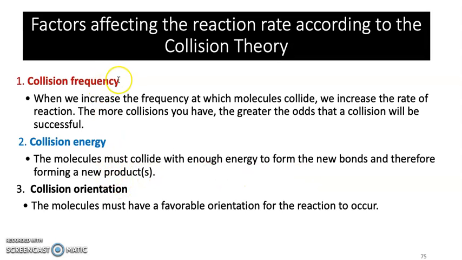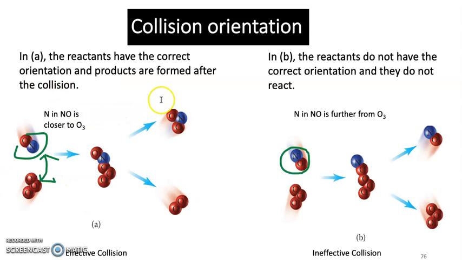In addition to frequency and energy, the orientation of the molecules is also very important in order for the reaction to occur. The orientation must be favorable so that it can drive the reaction. So let's take a look at an example of collision orientation. There's scenario A and scenario B. In scenario A, you can see that the position of nitrogen, or its orientation, is very close to the ozone molecule.